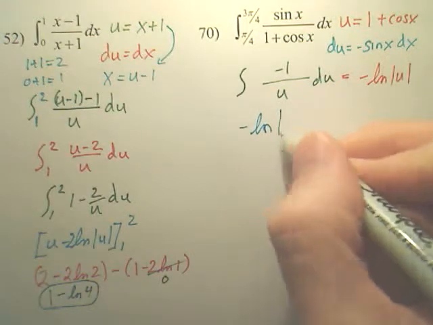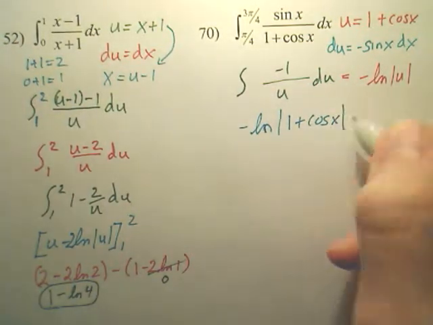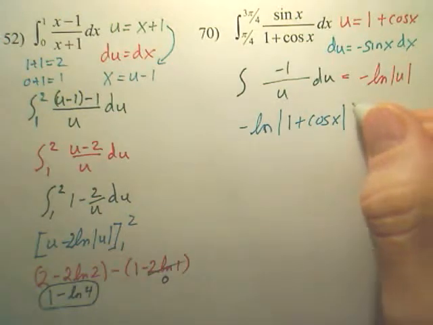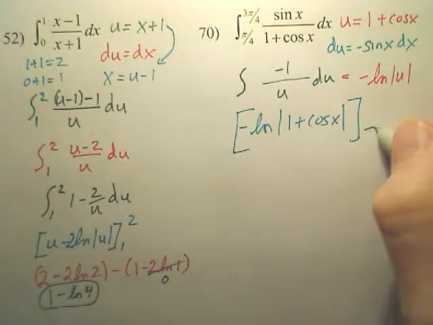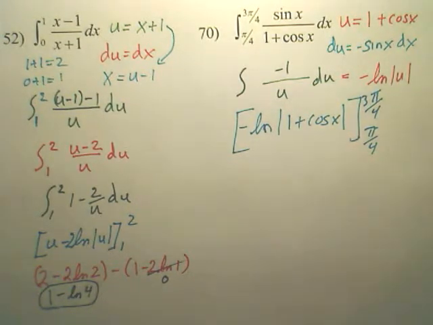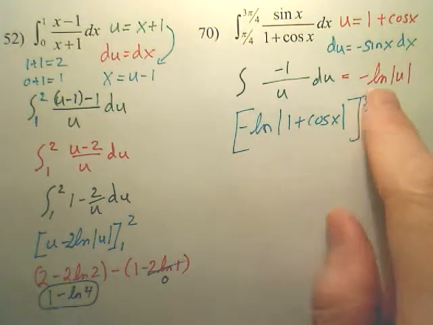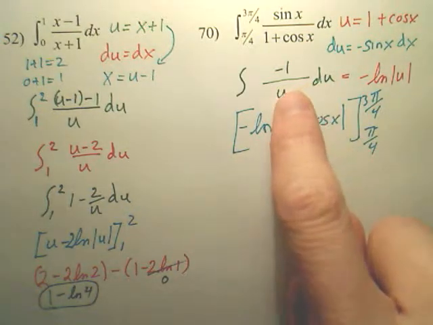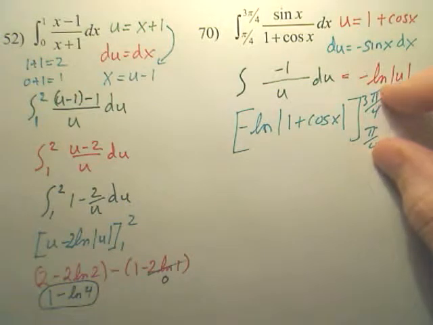This one I'm actually going to plug in 1 plus cosine x, and the interval is from pi over 4 to 3 pi over 4. So I kept my interval of x. Usually I change my interval in terms of u. This one, I plugged it all back in and kept my interval as is.